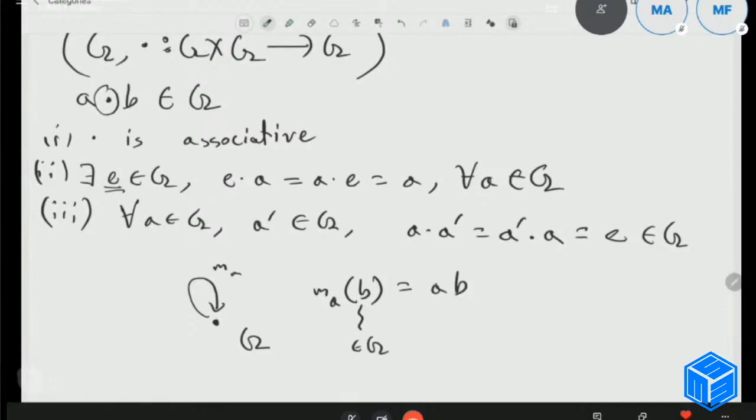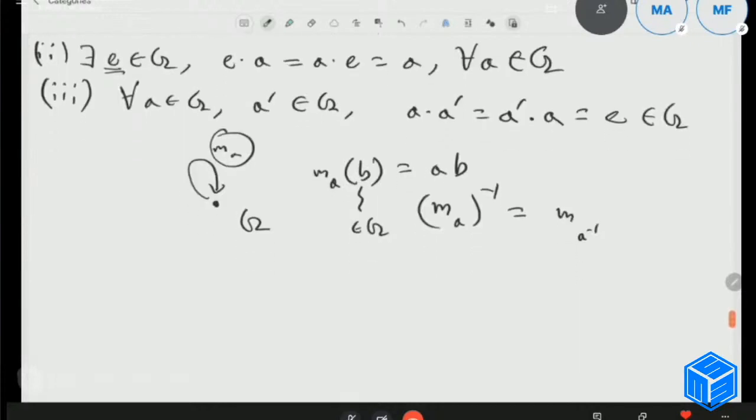Okay, you can check that M sub A is a bijection, it's easy, because you multiply by the inverse on the left. You can check that the inverse of M sub A is actually equal to M sub A inverse.